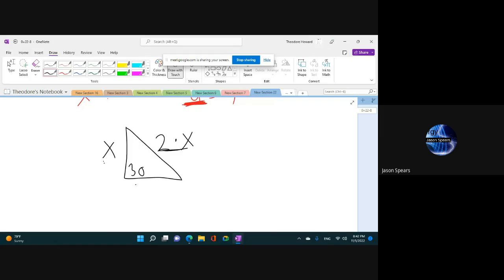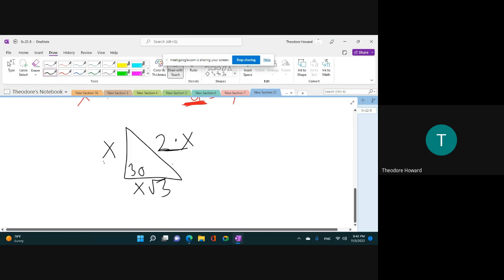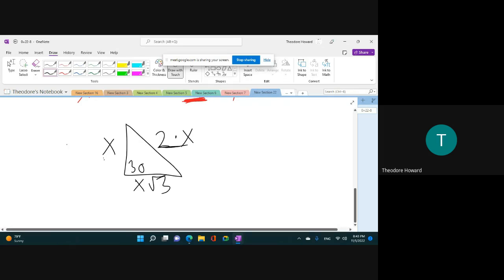Over 30, x square root 3. This is how I'm going to make sure my triangle stands. I'm not going to do any flips or anything like that. It's going to be just like that. With that being said, let's do our 45-90 so we can move on past that.